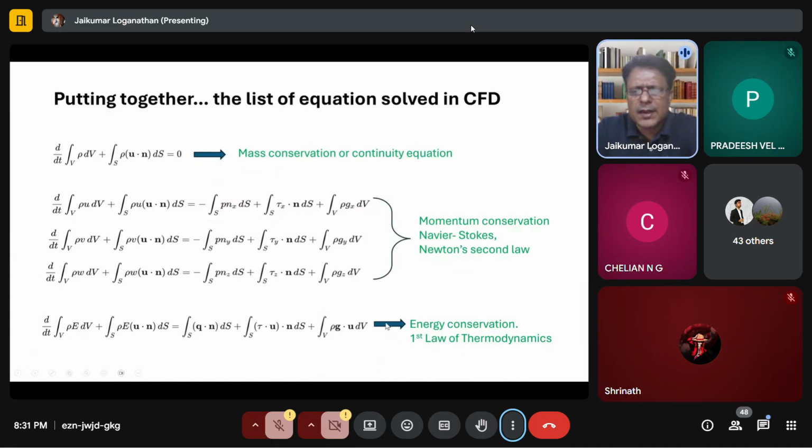In a practical CFD solver, we also solve some turbulence equations. But those are derived from your momentum equation.